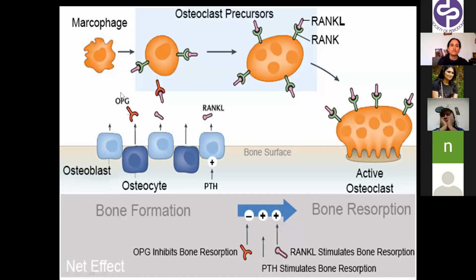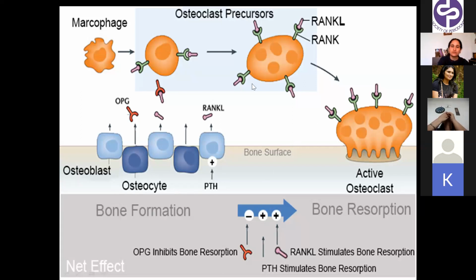If there is more osteoprotegerin, it will stop RANKL from attaching to RANK, the receptor on the stromal cells, and it will not lead to the formation of active osteoclast. If there is less osteoprotegerin, the site is open for the attachment of RANKL, and this will ultimately lead to the formation of osteoclast, which will lead to bone destruction. So this ratio of osteoprotegerin and RANKL decides whether bone formation occurs.